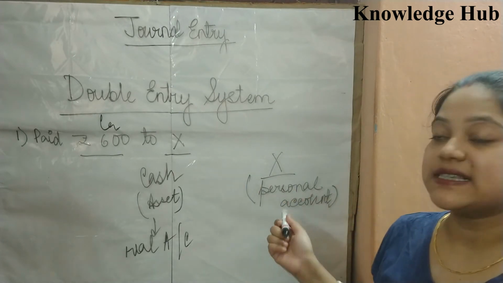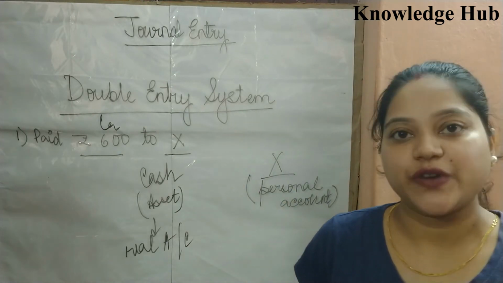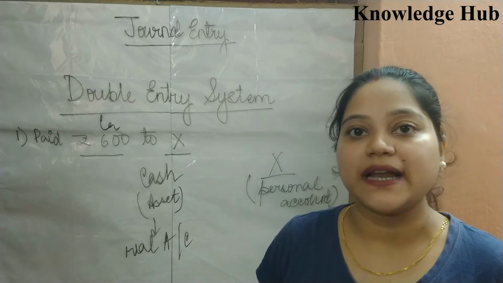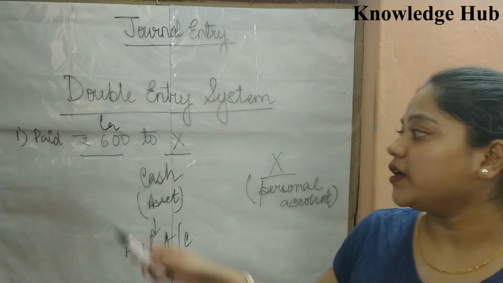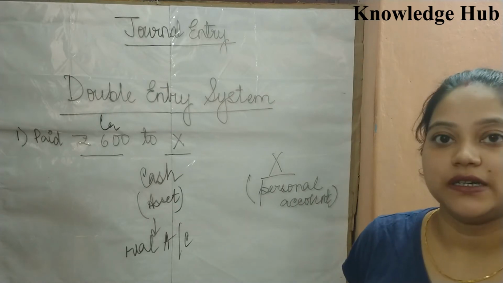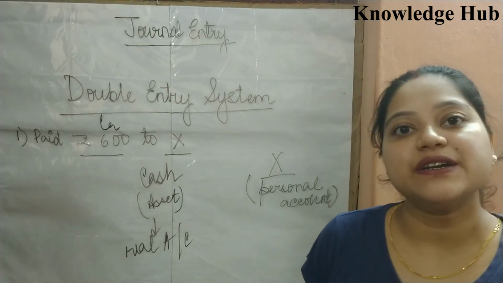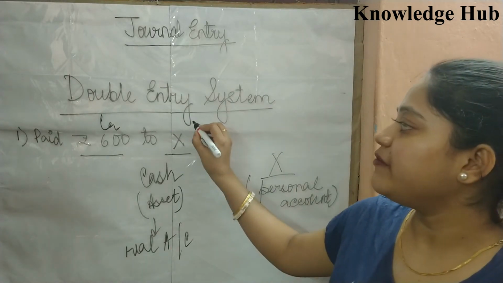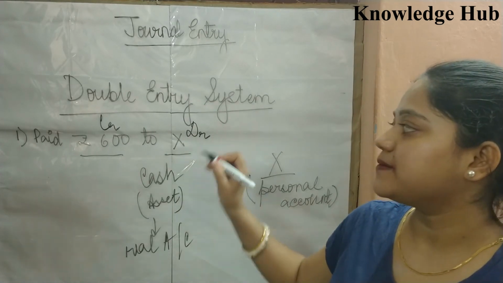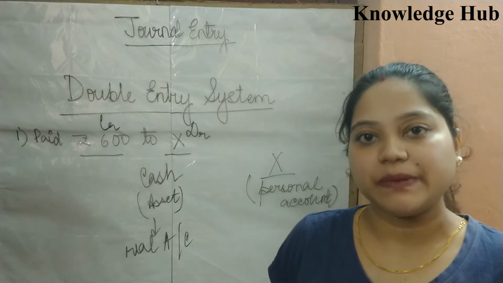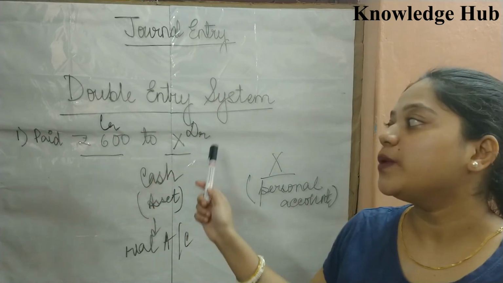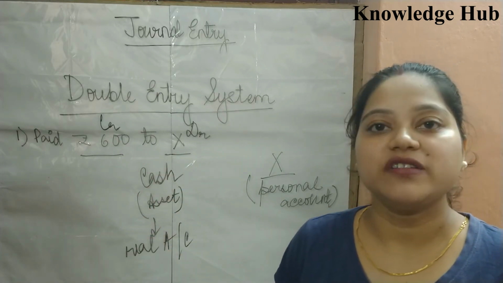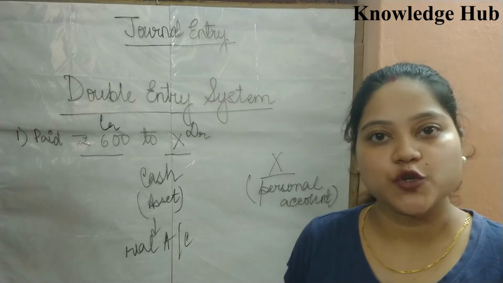And Mr. X, being a personal account, in the traditional approach, we know that we debit the receiver and we credit the giver. Here, from the transaction itself, it's clear that Mr. X is the receiver. So, we will debit Mr. X. So, you see, in the double entry system of accounting, whenever we debit something, we equally credit something. It always affects at least two accounts.